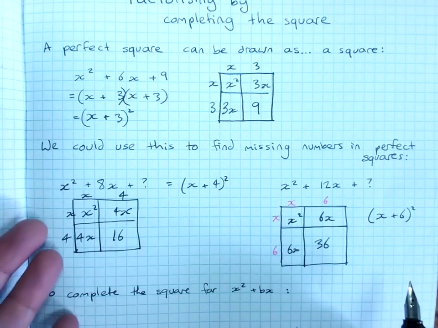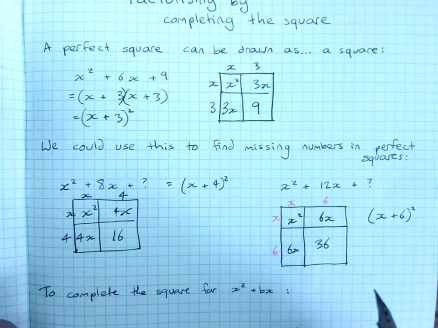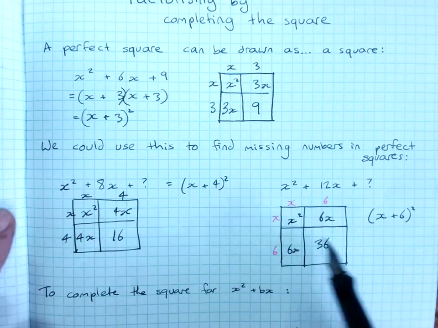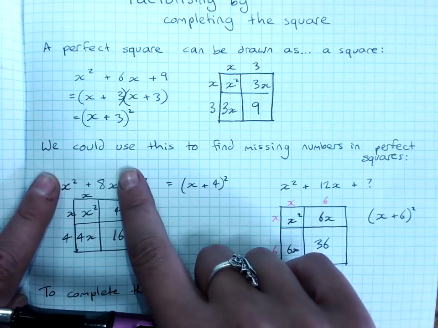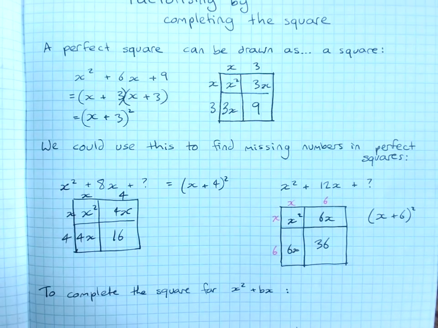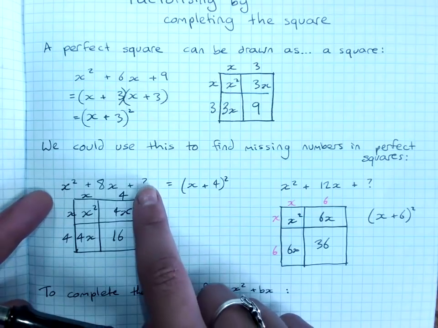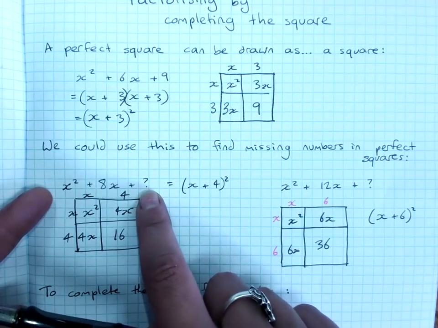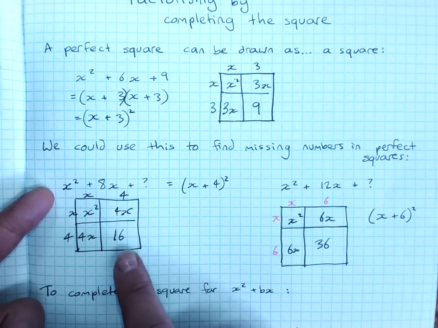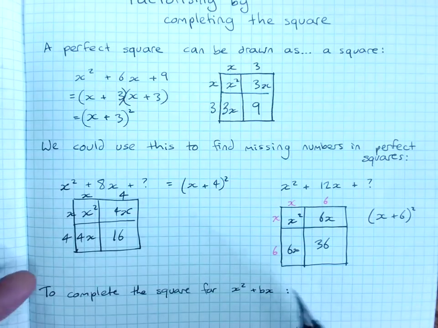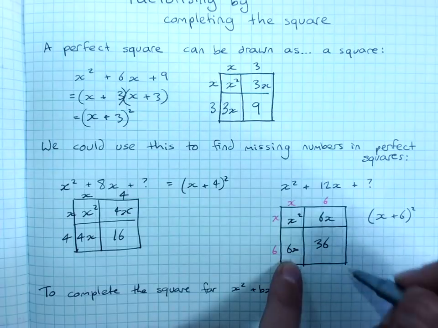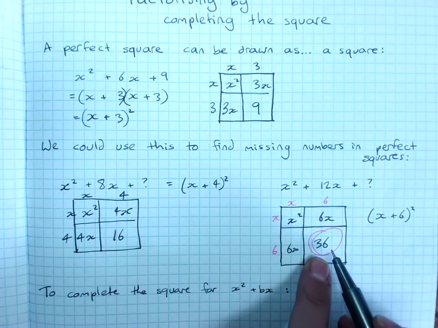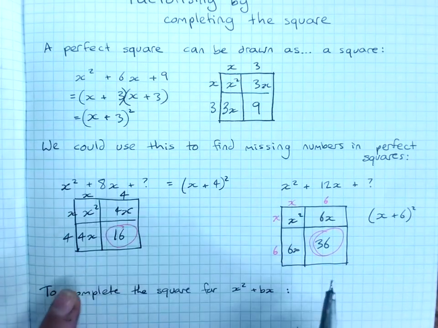Now that's all very well if it's a perfect square and there's a missing number. There'll be questions in the textbook where they say, complete the perfect square. You'd say, if it was a perfect square, you'd have a number here. What would that number be? Obviously, you don't actually need to draw a square. How did I get this number and this number?